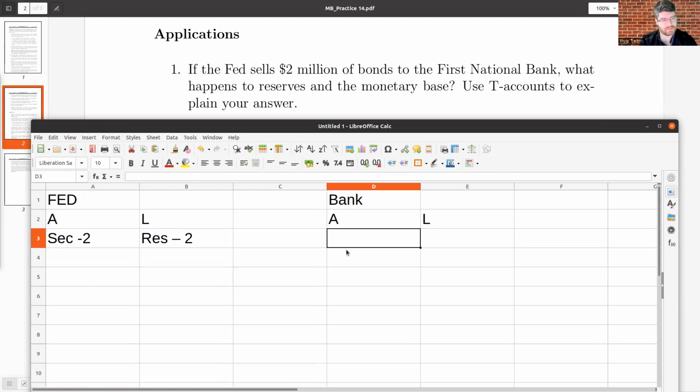From the bank's side, it purchased this amount of assets, so the securities in the assets will be +2 and the reserves -2. The liabilities are not affected. So this is the first problem here.